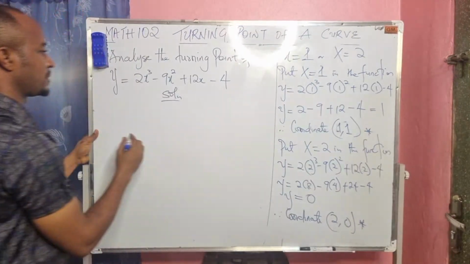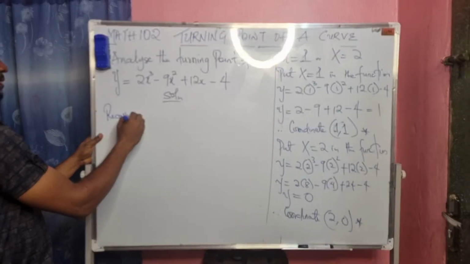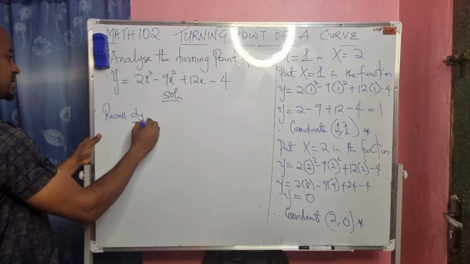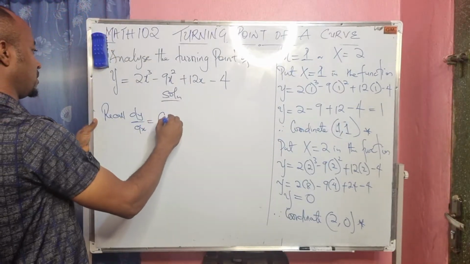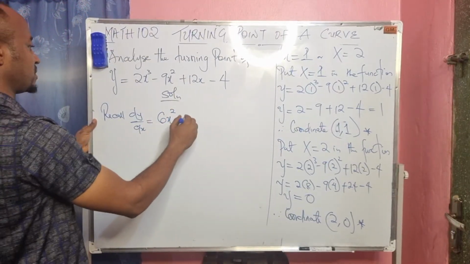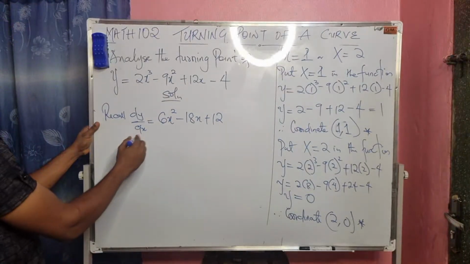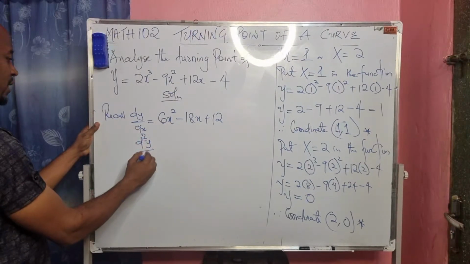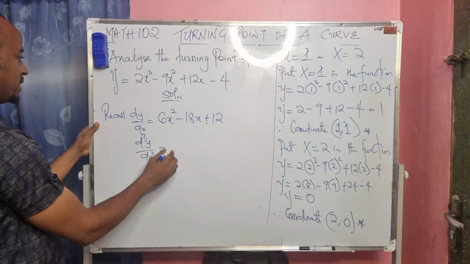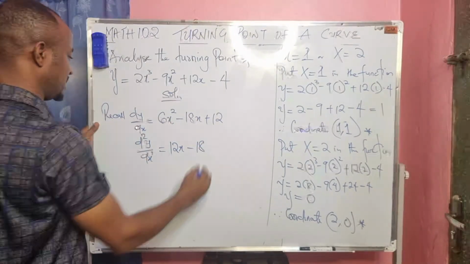Sufficient condition. So recall that our dy/dx is equal to 6x squared minus 18x plus 12, right? So what we do is to differentiate this to find the second derivative. The d2y over dx squared will give us 12x minus 18.